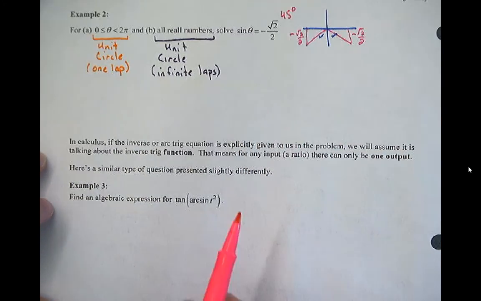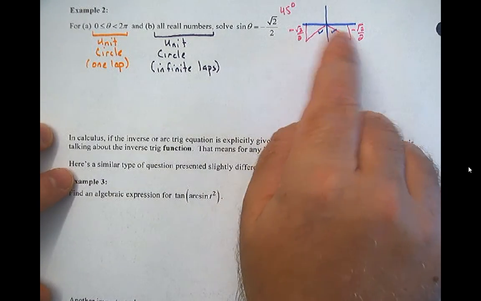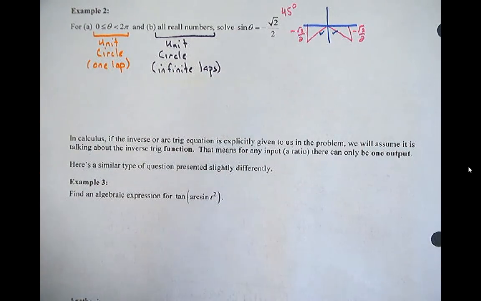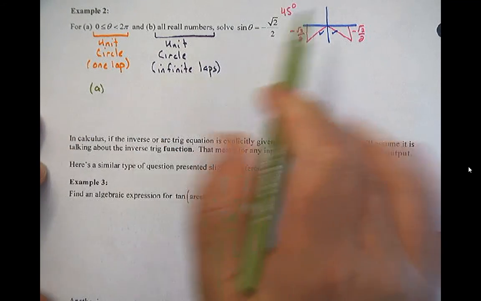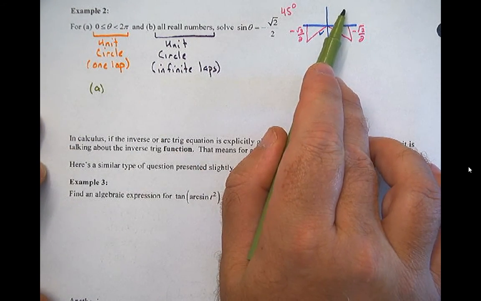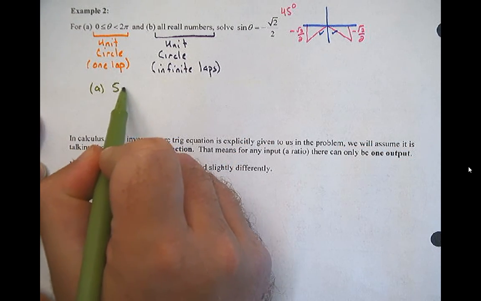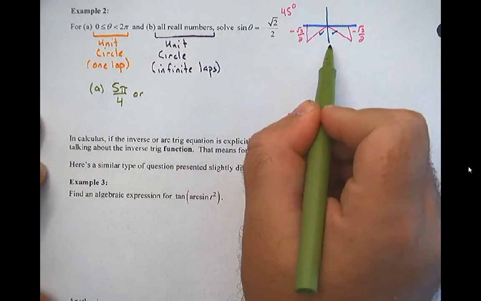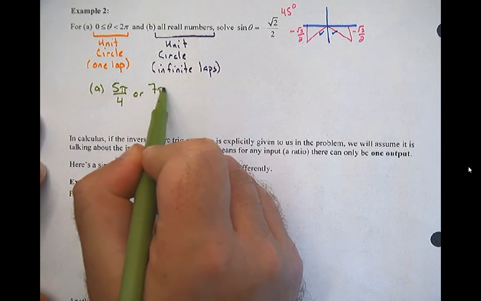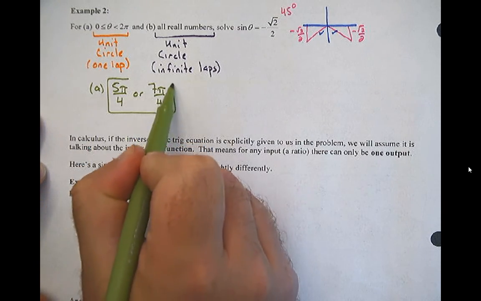So the 45s that would be in these quadrants. So the answer to part A is 5 pi over 4 or 7 pi over 4. That's the solution when we're only talking about one lap.